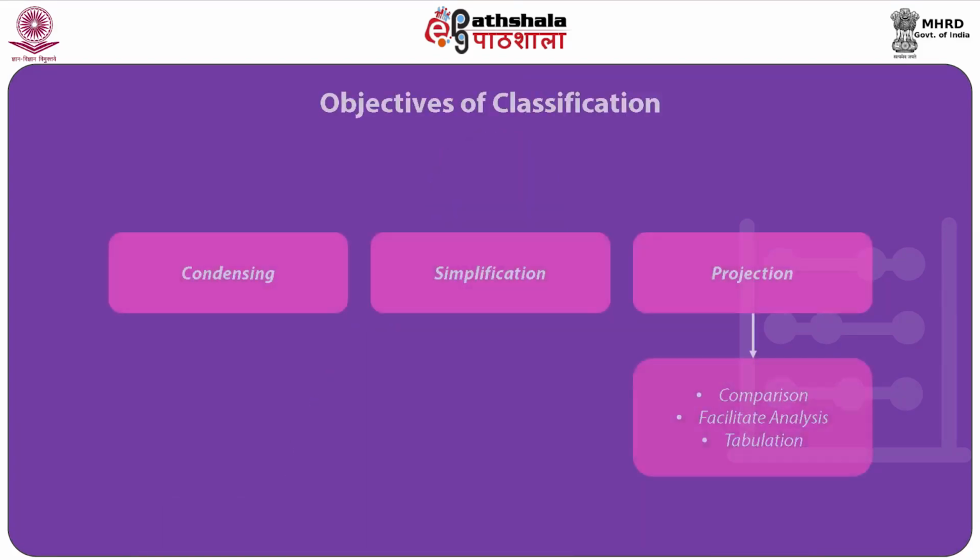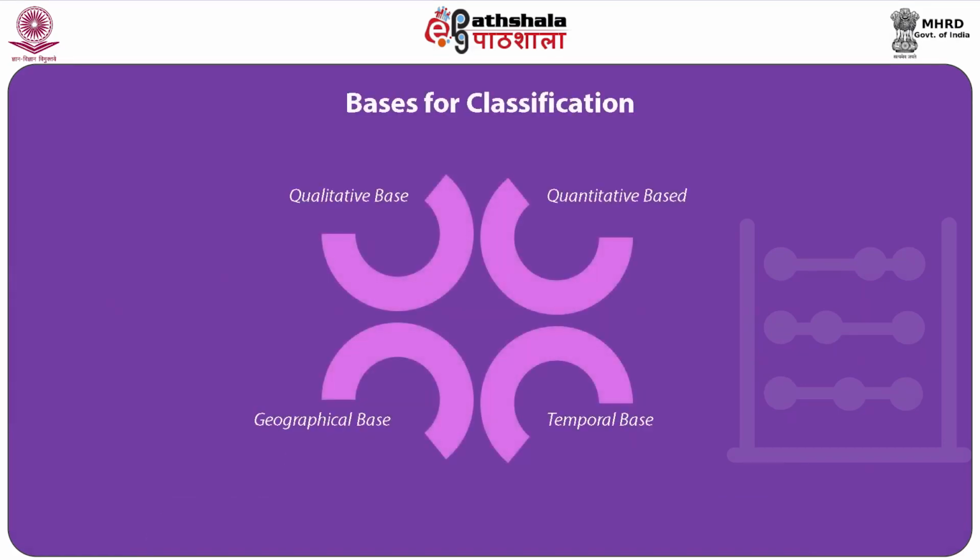The last objective of classification is tabulation, that is, to prepare a basis for tabulation of data for testing of hypotheses and drawing conclusions. Now, we will see some of the bases for classification.